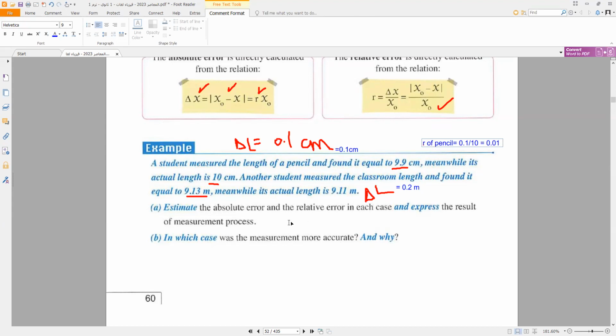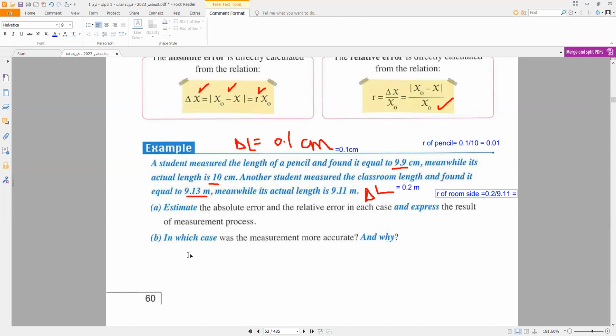Okay, the relative error of your classroom side equals what, guys? Equals 0.02 divided by 9.11, and it also has no units. This is the result of the measurement process.